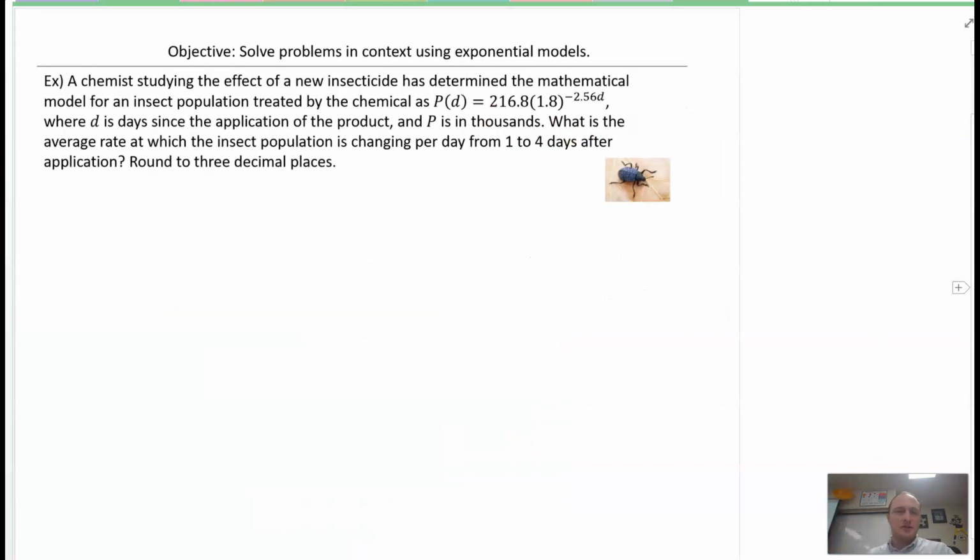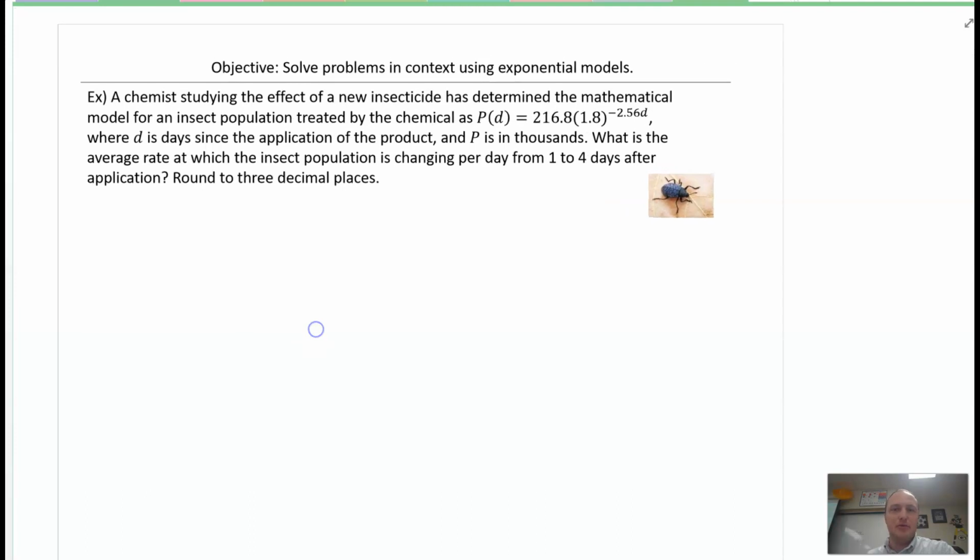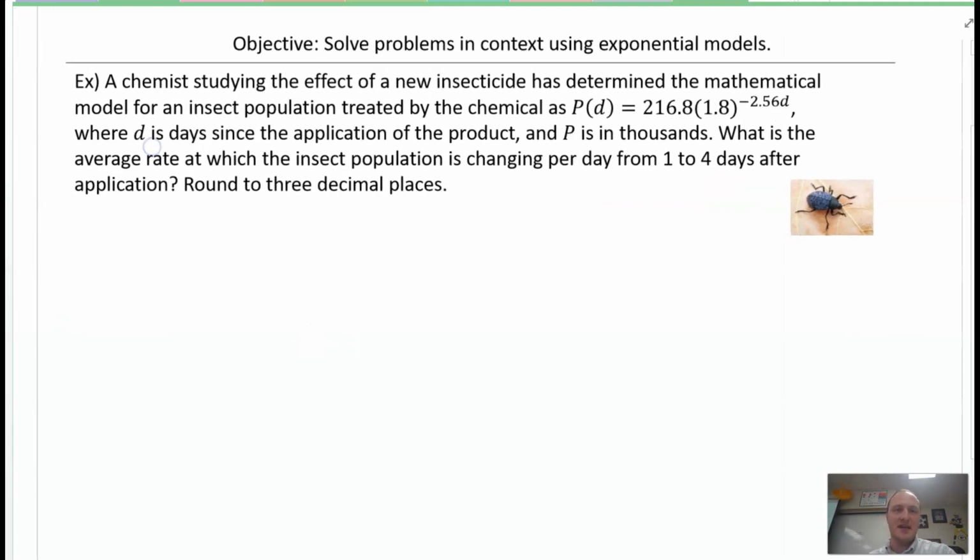All right, so let's go ahead and look at a first example here in context, and it says a chemist studying the effect of a new insecticide has determined the mathematical model for an insect population treated by a chemical as P of D equals 216.8 times 1.8 to the power of negative 2.56 D, where D is the days since the application.